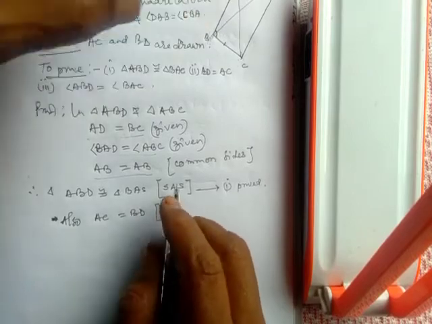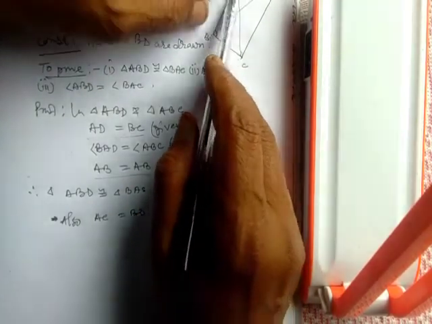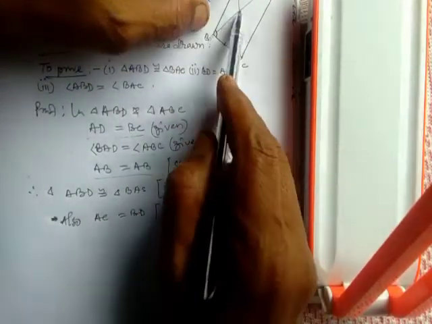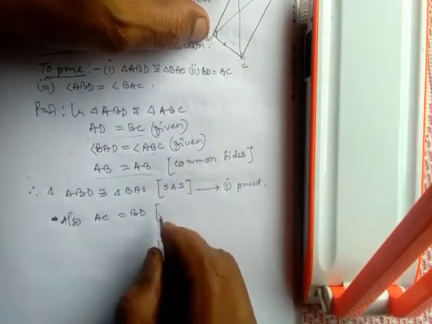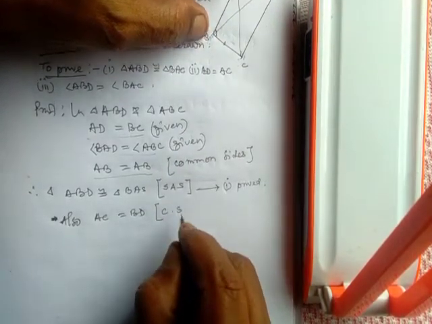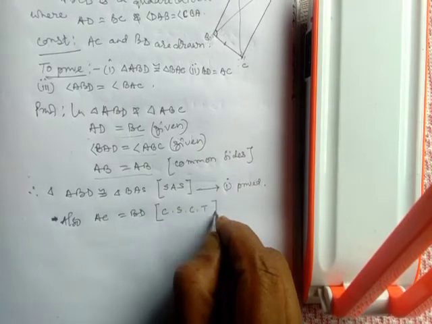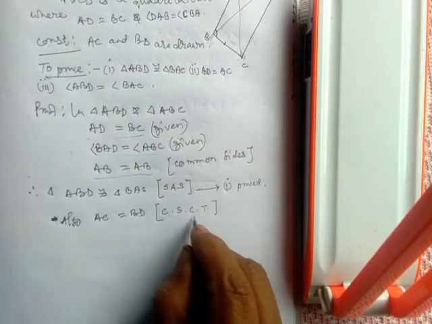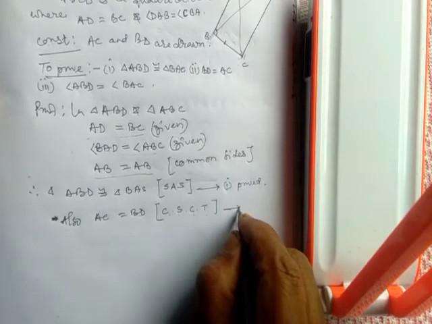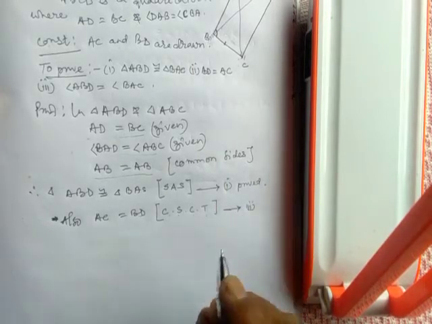Why? These are the corresponding sides of this triangle and this triangle, AC and BD, corresponding sides of congruent triangles. This is your second proof, done.